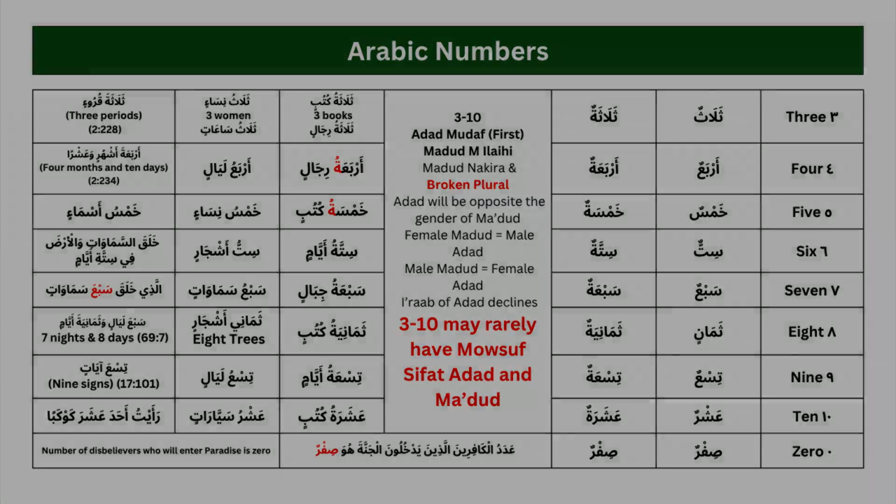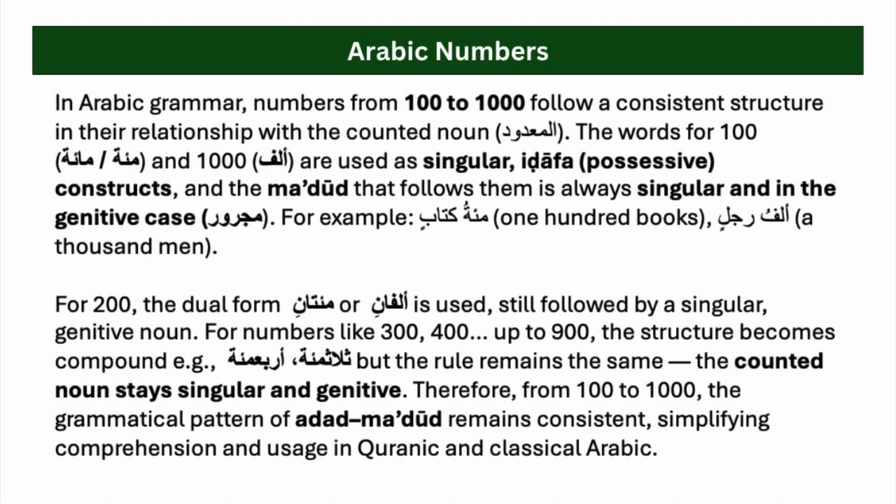Now we move to the final major section of this slide, numbers from 100 to 1000. At the bottom, the slide explains a very important rule. In Arabic grammar, numbers from 100 to 1000 follow a more consistent structure.